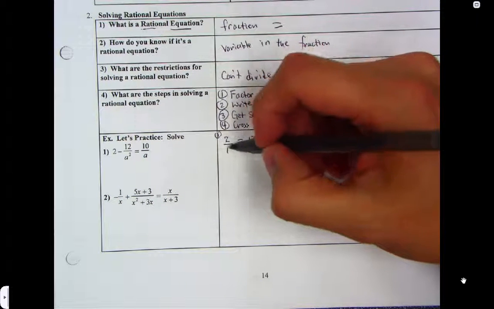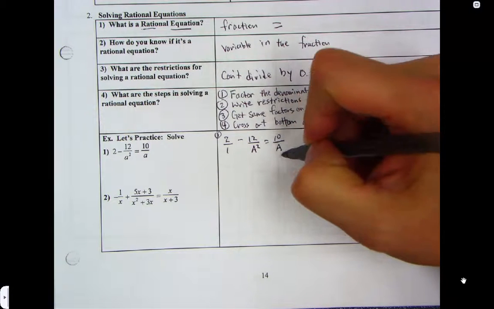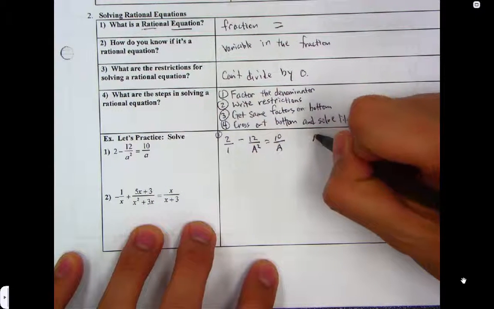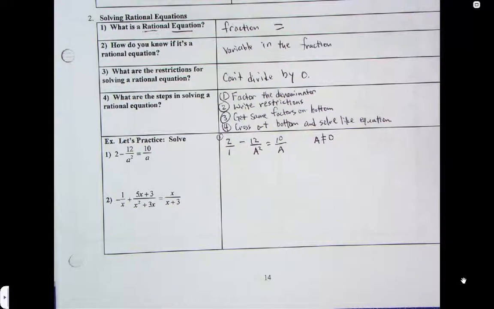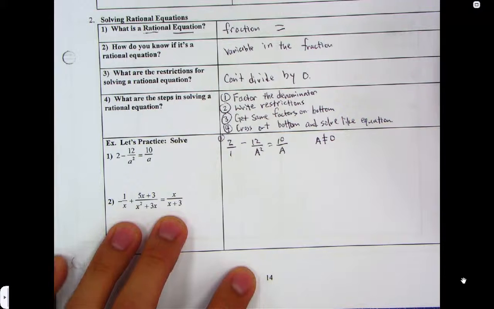These are already factored. A squared means a times a, and then this means just 1a. There's no plus or minus. So we're going to write our restrictions first. A is not equal to 0. I just took whatever the factors are on the bottom and wrote a is not equal to 0.